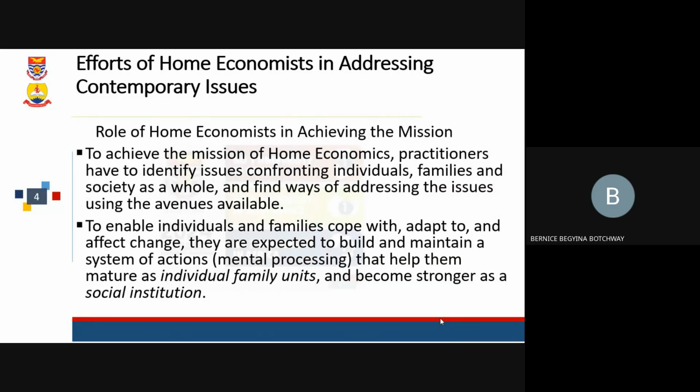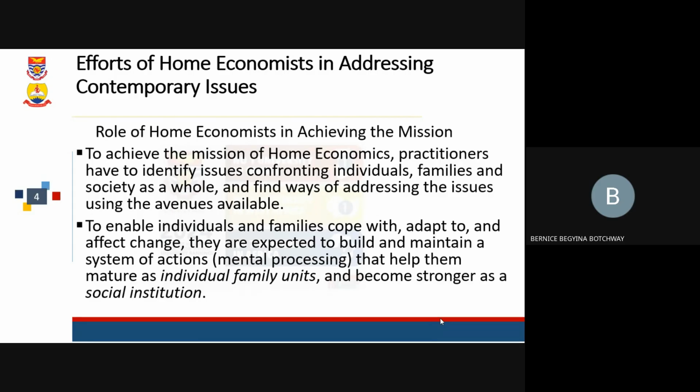What is the role of home economics in achieving this mission? For us to achieve this mission, we have to identify the issues that confront individuals and families in the society.